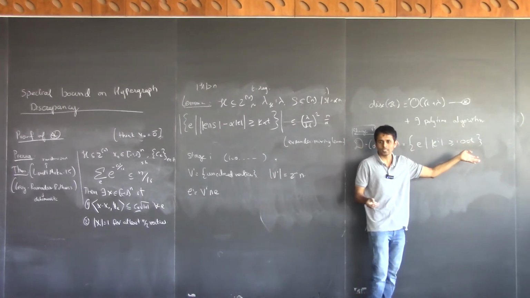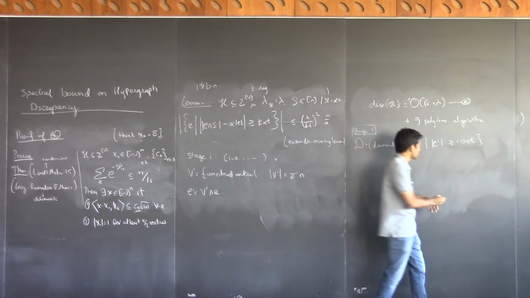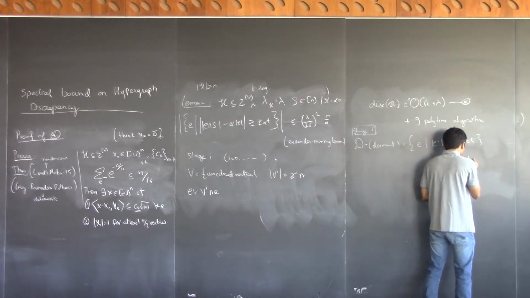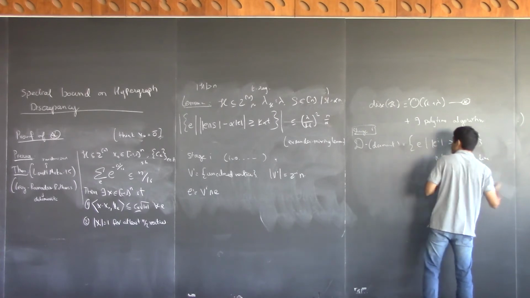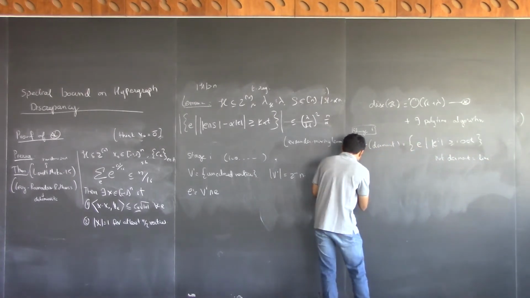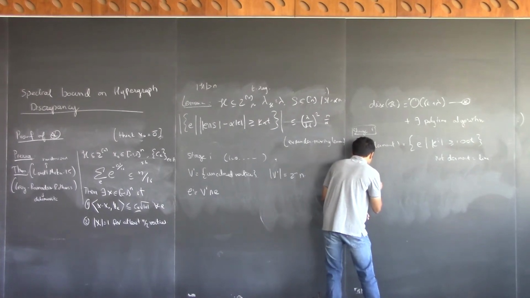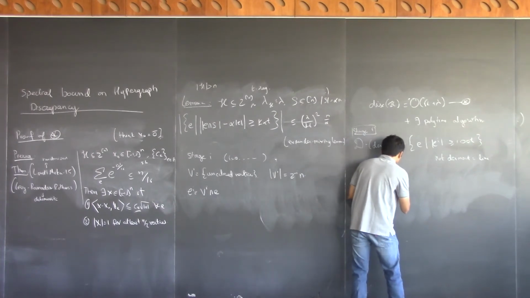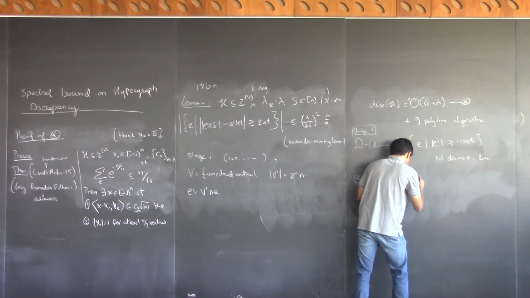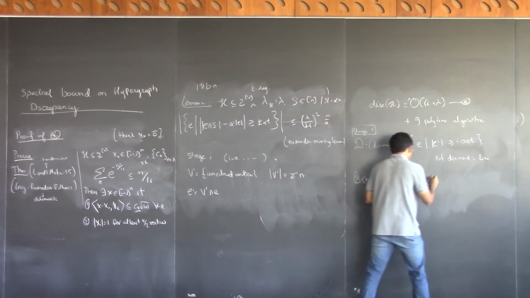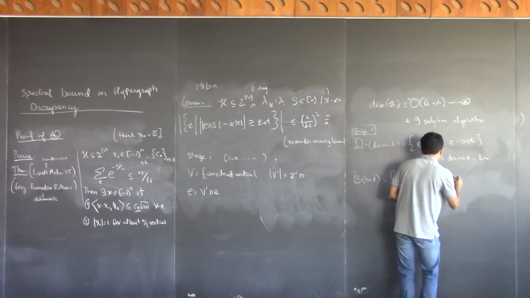The edges that are too large at stage I are dormant. Of course, not dormant means they are live. And let's call B the bad edges. Let's say 10 lambda.